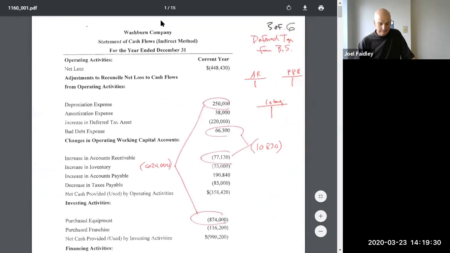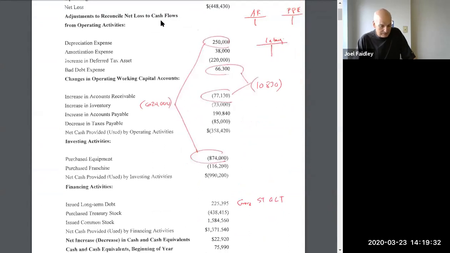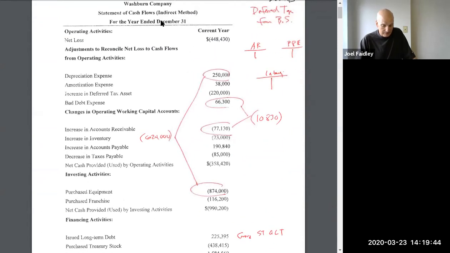That's fine. All right. So what's next? We're done with the operating side, aren't we? So my net cash provided by operations is $358,420. Start with my loss, add all these changes, $358,420.